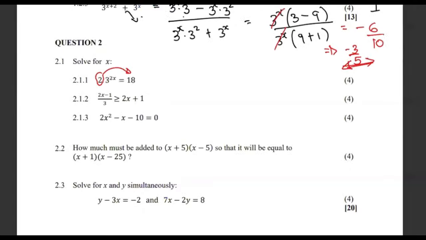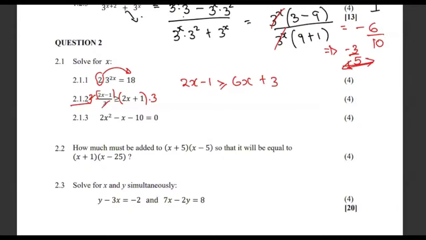Then we go to the next question, 2.1.2, which is the algebraic inequality. Step number 1, we can eliminate this denominator. So in other words, multiply by 3 and then multiply by 3 so that this 3 cancels. So I'll be left with 2x minus 1 is greater or equal to 3, and that is 6x plus 3.